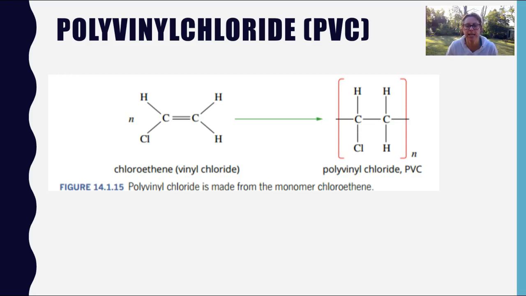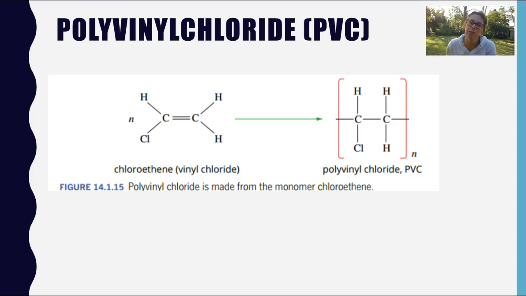So every second carbon then is going to have a chlorine on it, but in the same way that we had with polyethylene, we are getting that breaking of that double bond, the opening up of that double bond, which is creating two extra bonds for those other chloroethenes to attach to repeatedly to produce our polymer there.